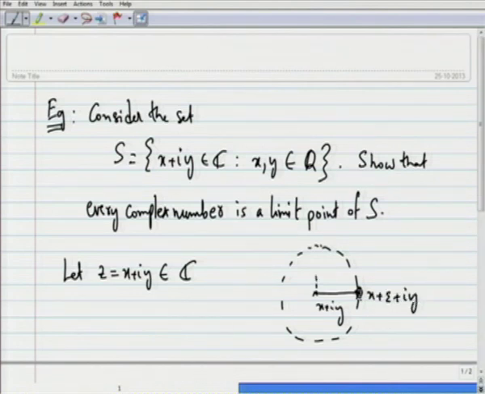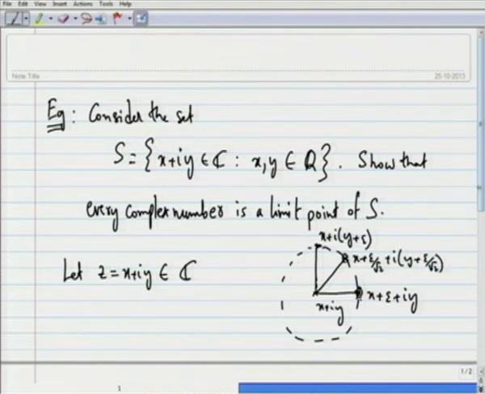The coordinates of this point on a vertical line are x plus I times y plus epsilon. And the coordinates of the point on the 45 degree line to the horizontal, on the boundary, are x plus epsilon by root 2 plus I times y plus epsilon by root 2.